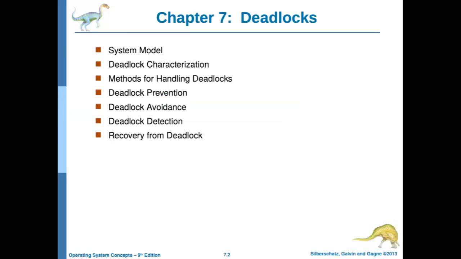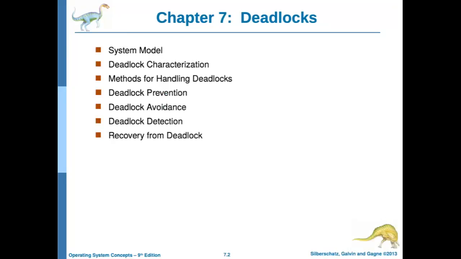So unit number 4. Now what we are going to discuss in this is, we need to define some sort of system model for representing deadlock. Then we need to see different characteristics of deadlock, then how to handle the deadlock. Is it possible to prevent the deadlock?